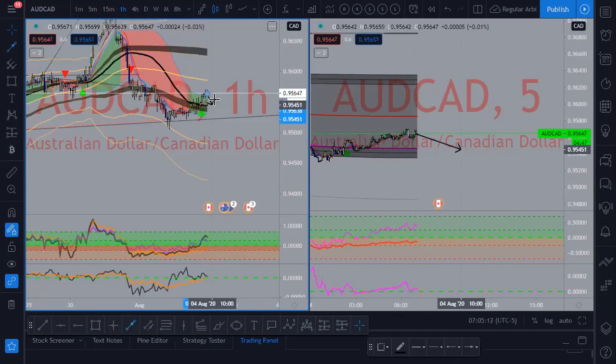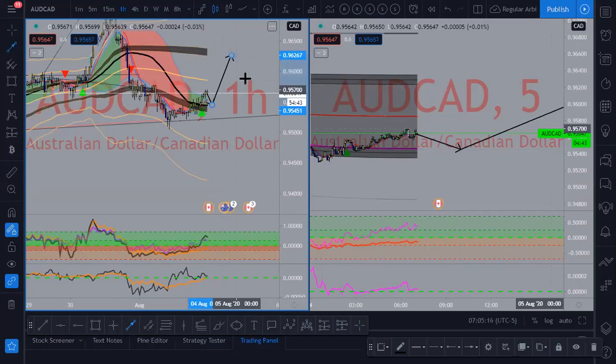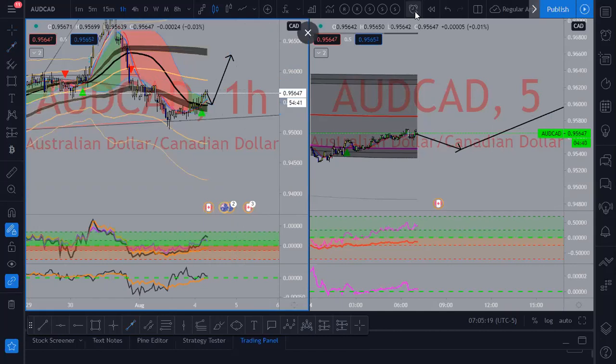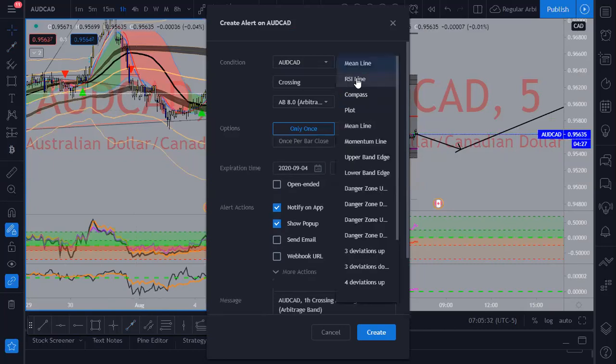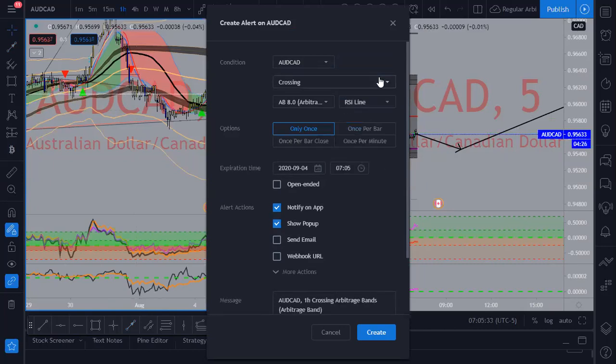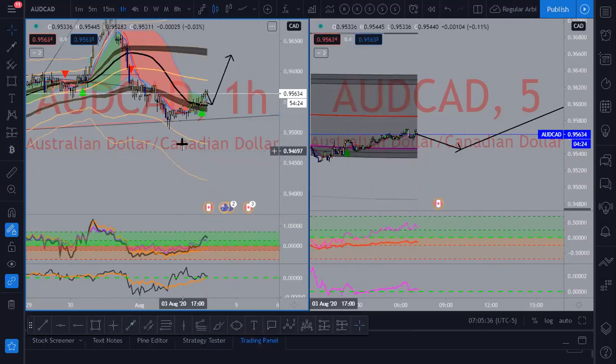Might not get it, but I would love to see this. And so what I'm going to do is set an alert for AUDCAD crossing the arbitrage on the left RSI line. Create. If I don't get that alert, I'm not going to get into the trade.